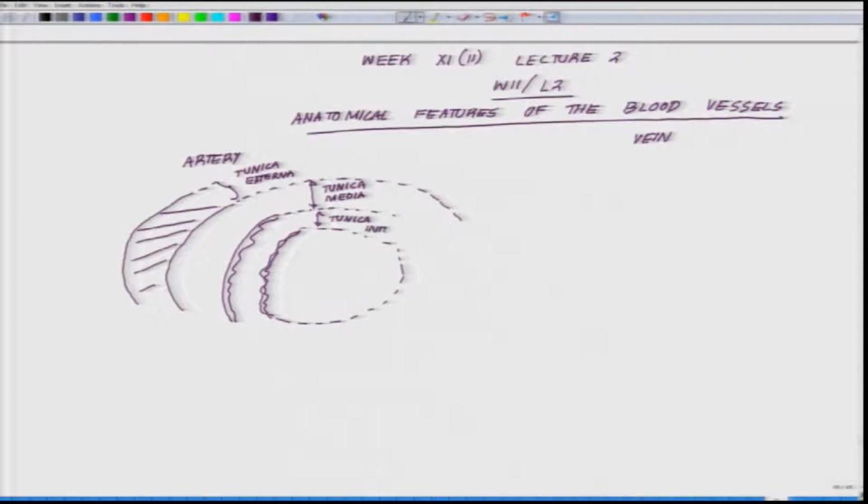Then you have the internal elastic membrane, which is sitting out here, and you have the endothelial lining, which is the absolute inner core.